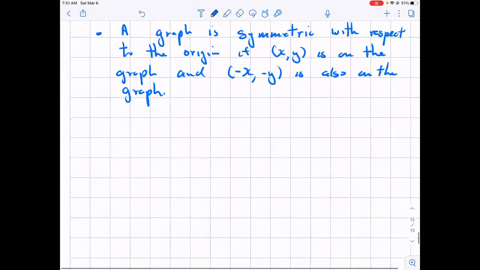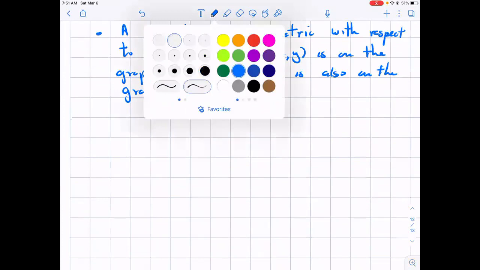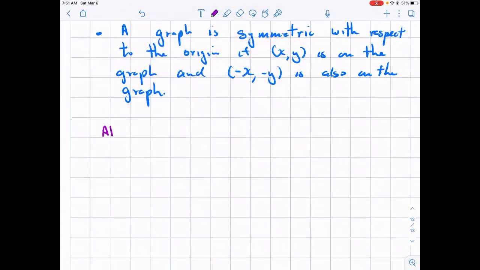So how do we test? Okay, what's the algebraic test? So the algebra behind it.